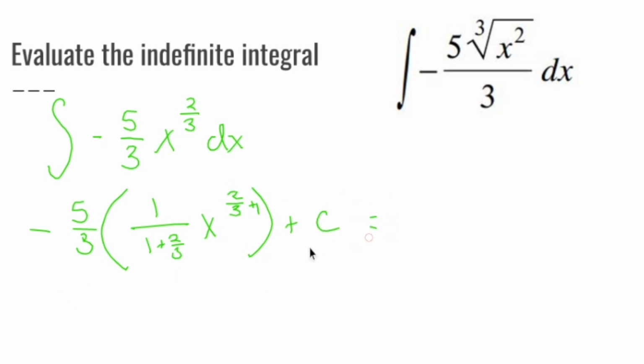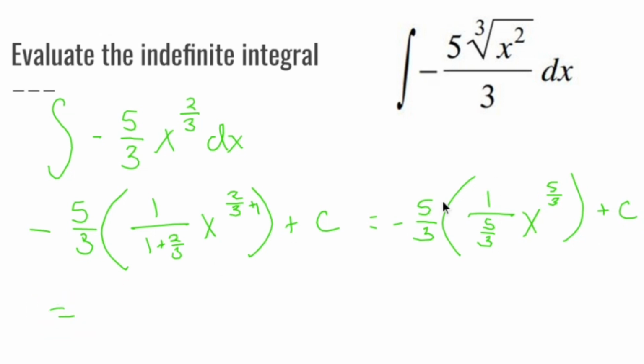Okay. Negative 5/3, still. 1 plus 2/3 is the same as 3/3 plus 2/3, so we can write this out as 1 over 5/3, x to the 2/3 plus 1, again, same exact thing, 5/3, plus c.